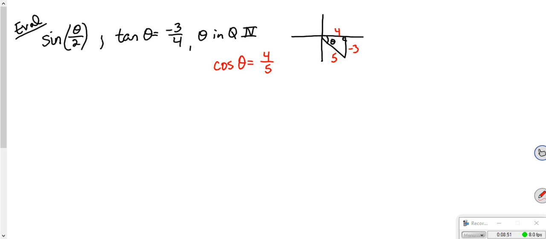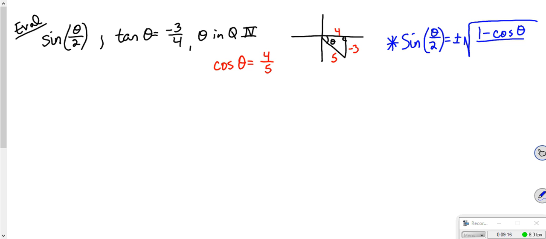Now, something else, we have to know the formula for the half angle of sine. Sine of theta over 2 is plus or minus the square root of 1 minus cosine theta, divided by 2.